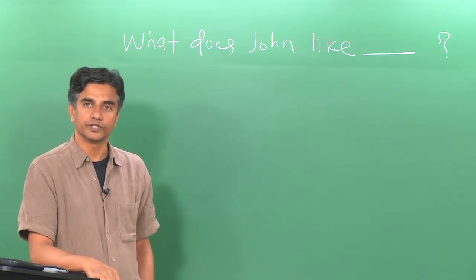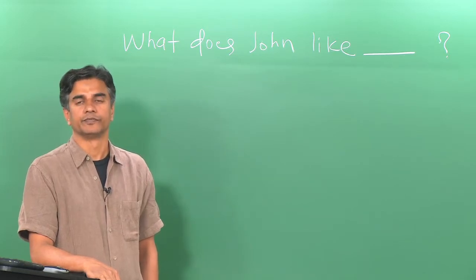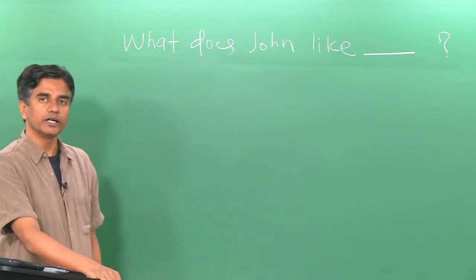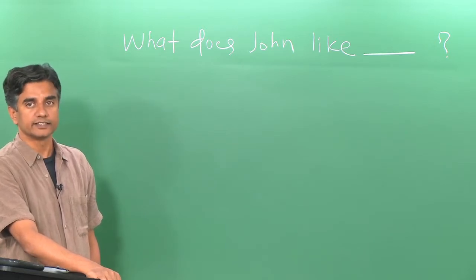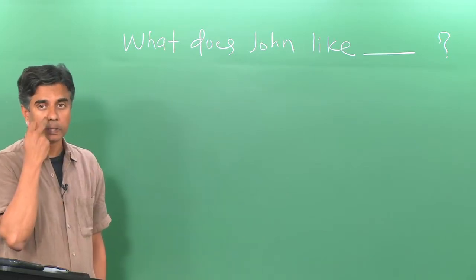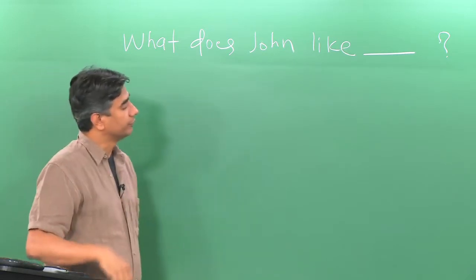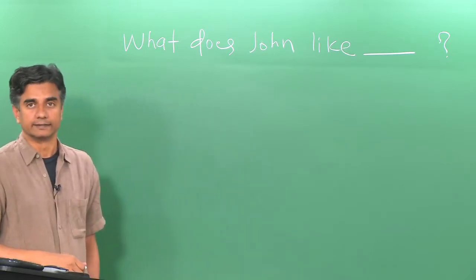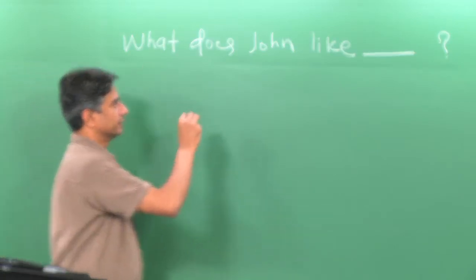Now we are questioning pizza, and the sentence is, what does John like? How do we understand this sentence, and how do we represent it in the phrase structure? Such a representation is going to help us understand the displacement of some elements in a sentence.